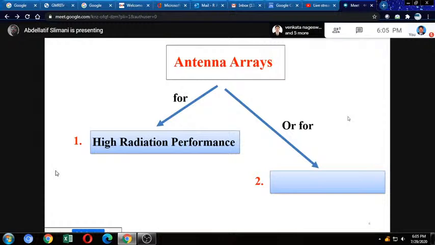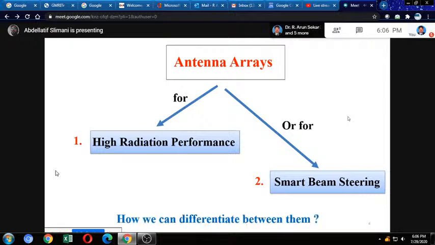I search for high directivity and high gain. The second case, smart beam steering. Here we call them smart antennas, intelligent array antennas. So I have two cases: high radiation performance or smart beam steering. So the question: how can I differentiate between array antennas that work for high radiation performance and array antennas used for smart beam steering?